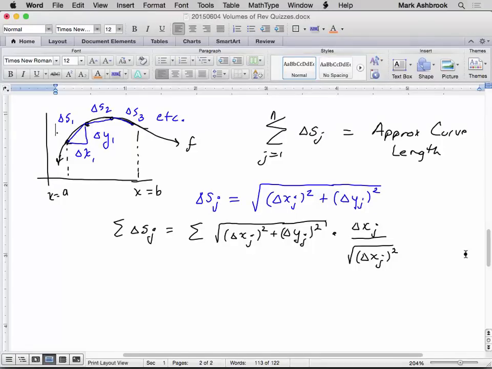It doesn't change the value of what we've got. Now that we've got square root over square root, we're going to do one big square root with all this stuff inside, and it's going to leave our little delta x out here, which will eventually be our dx. So one big square root with all that stuff inside is going to be delta xj squared over delta xj squared.